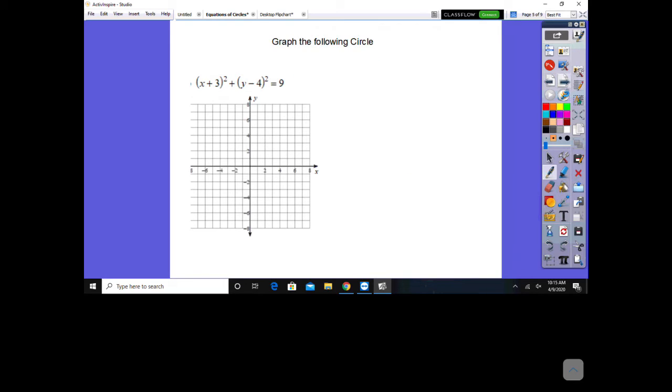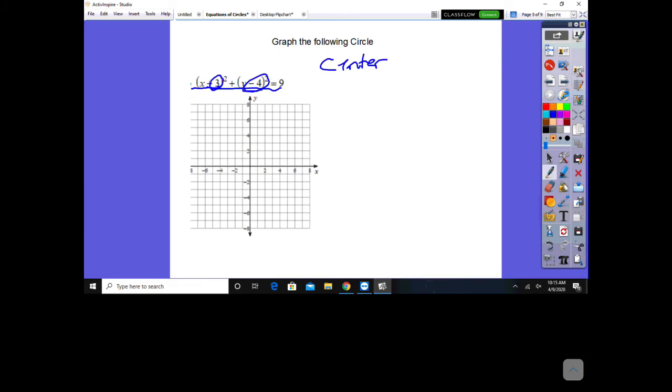What if we are given the equation and we want to graph it now? So here's the equation. I want to graph it. What we need to do is find the center. The center comes from this number and this number. We're going to pick out the opposite of that number.